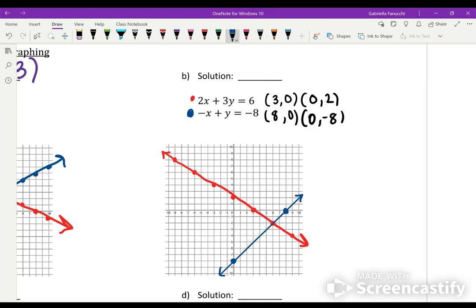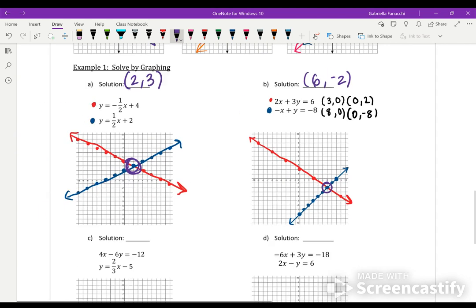And the slope is actually going to be 1. So if you look right there, where are they intersecting? What is our solution? That's our solution right there. That is (6, -2).